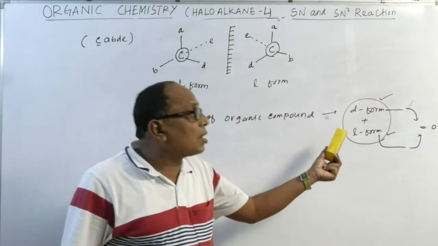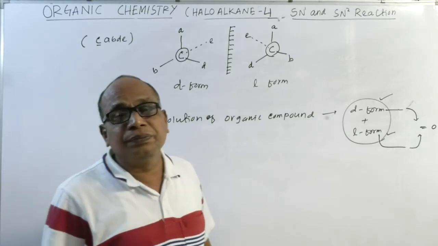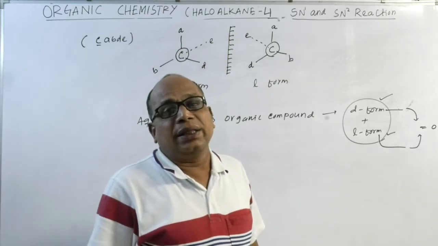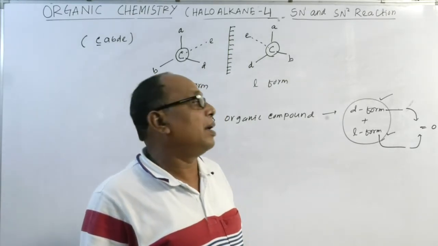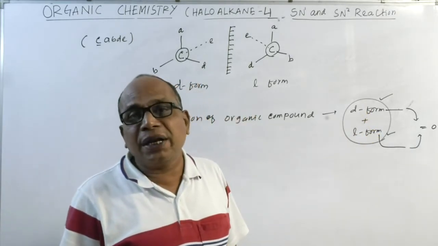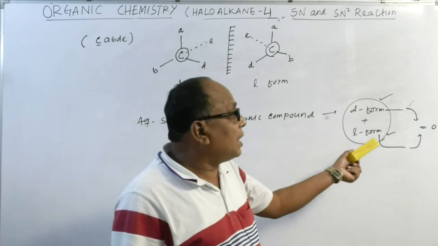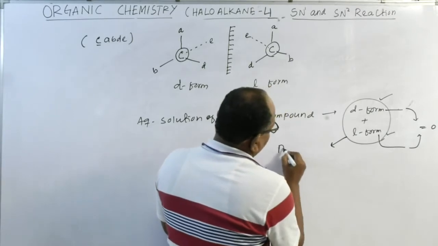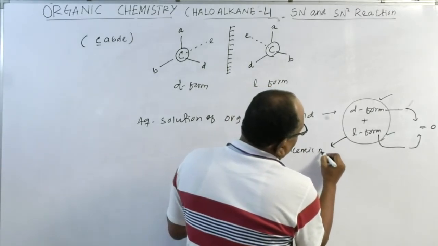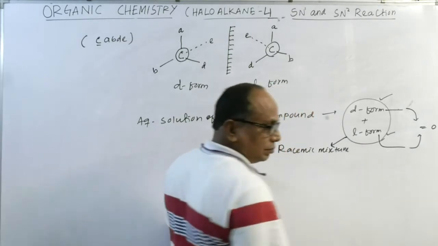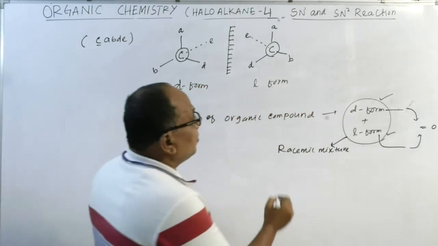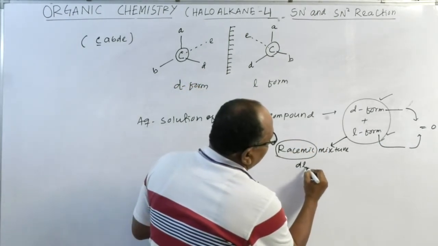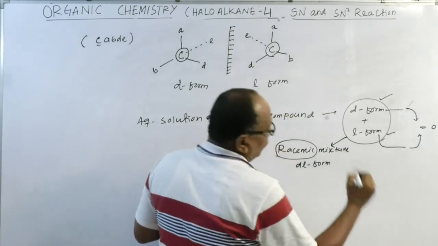The mixture having D form and L form cannot rotate the plane polarized light, because the rotation due to the D form is compensated externally by the L form. And this mixture is known as racemic mixture. Racemic means it contains both the D form and L form, or you can say this is called DL form.